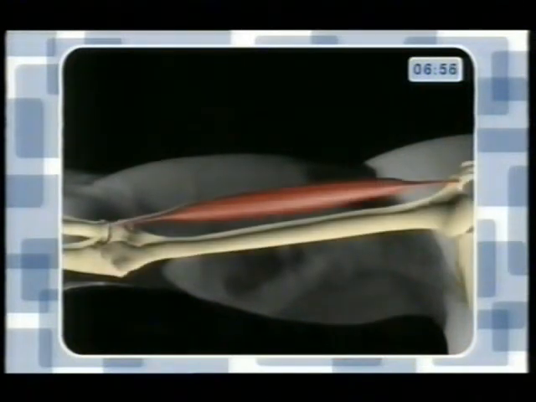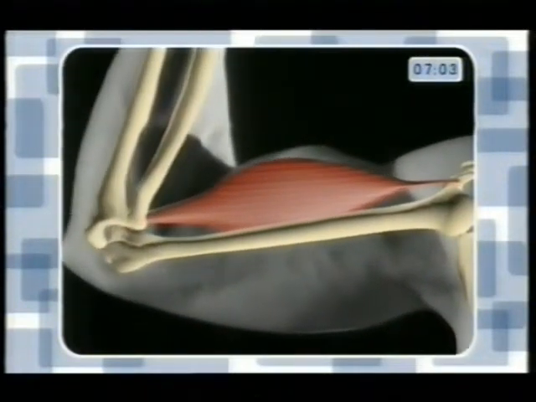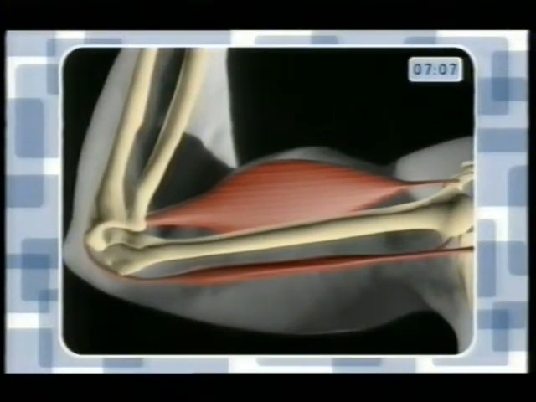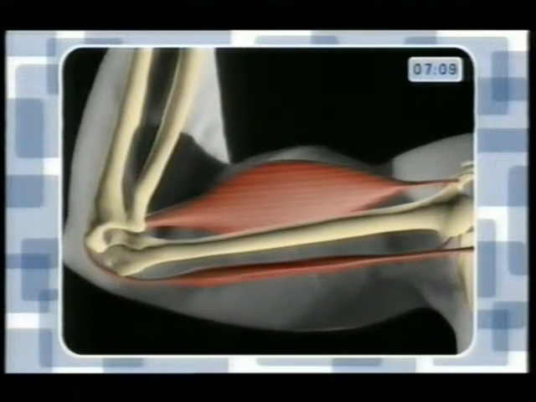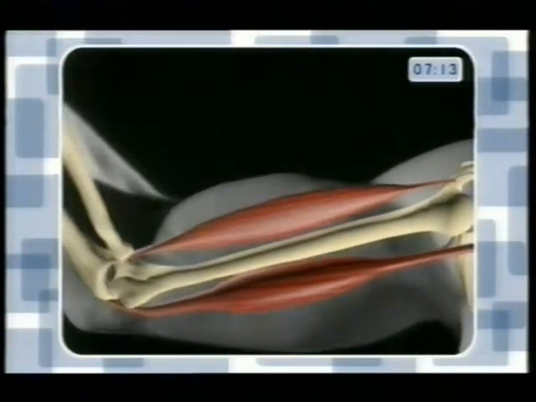This bulging muscle on the top of the arm is the biceps. As the biceps contracts, the lower arm is pulled up. Another muscle is needed on the other side to make the arm move back. This muscle is the triceps.